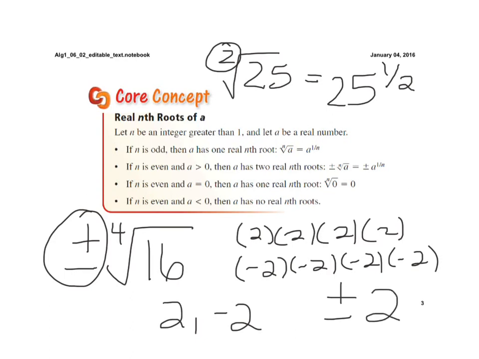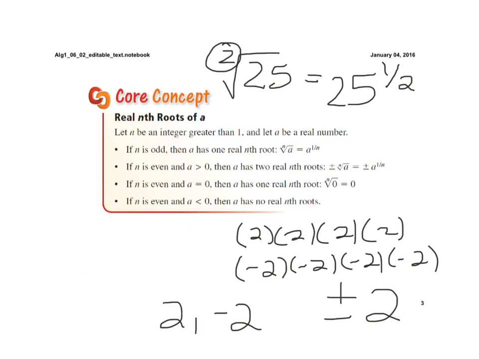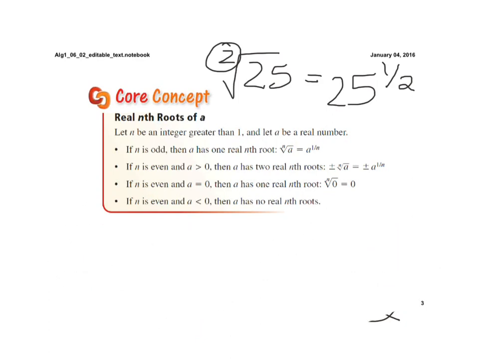The third one says if n is even now and a is 0, then there's only one nth root. So if I have the 6th root of 0, well, 0 is your only answer. Okay?